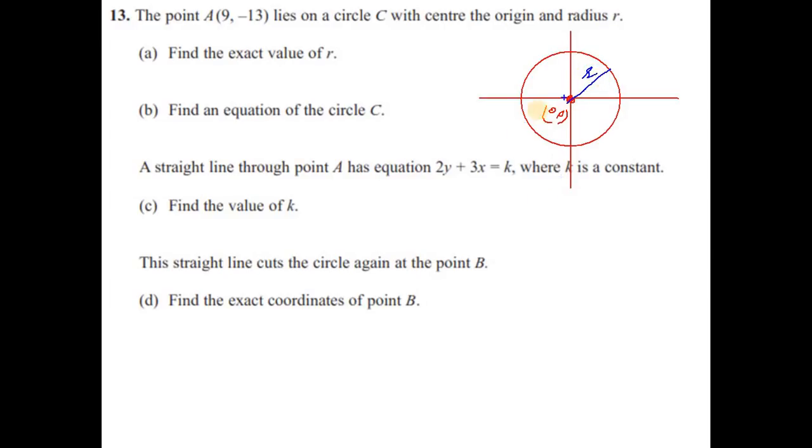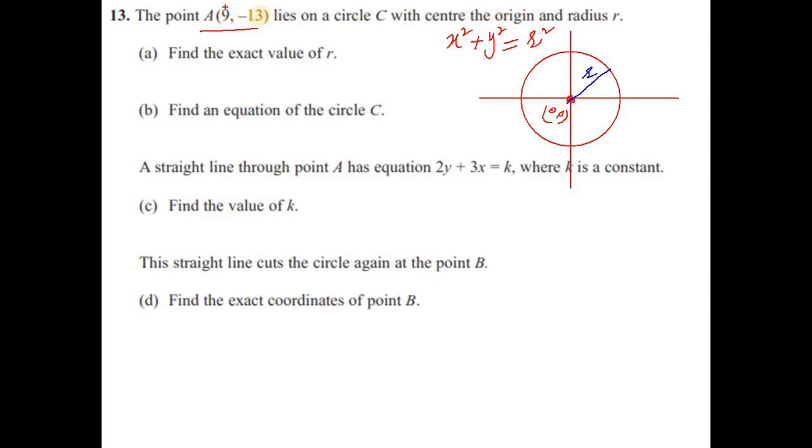In this case, the general equation of the circle centered at the origin is x square plus y square is equal to r square. The point (9, minus 13) lies on the circle C with the center at the origin and the radius r. Find the exact value of r. Because this point lies on the circle, it should satisfy the equation of the circle.